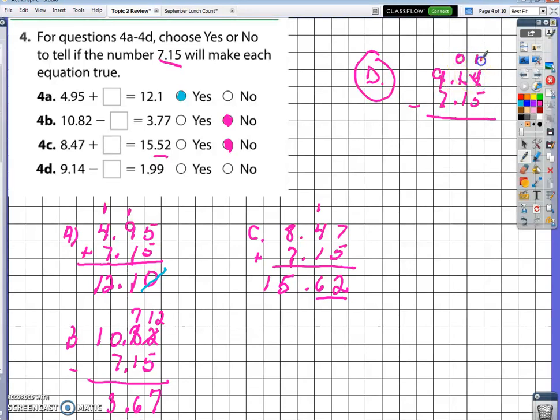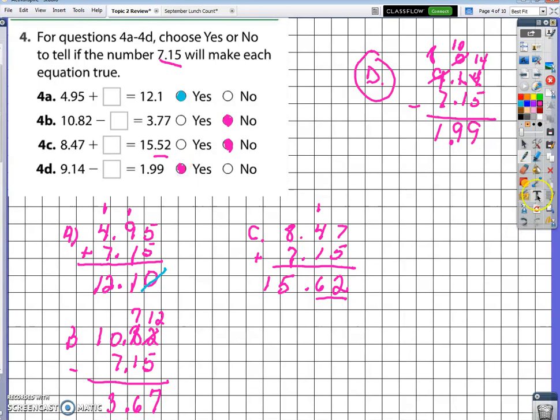That becomes 14. 14 minus 5 is 9. I cannot subtract 0 minus 1, so I have to borrow. Make that an 8. Make that a 10. 10 minus 1 is 9. Decimal. 8 minus 7 is 1. And looky here, I get 1 and 99/100. 1 and 99/100. So I'm going to choose yes.